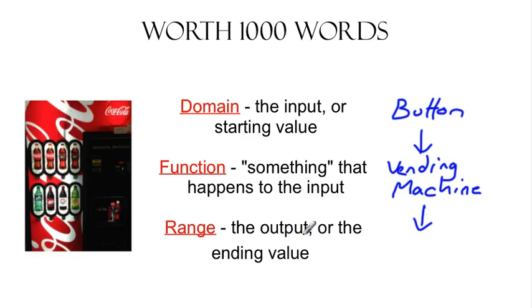We call this the range, the output. So in this case, the output would be food or drink or whatever we're getting out of the machine. And so here you can see those important parts, the button and the part where things come out, are important as well when describing functions.